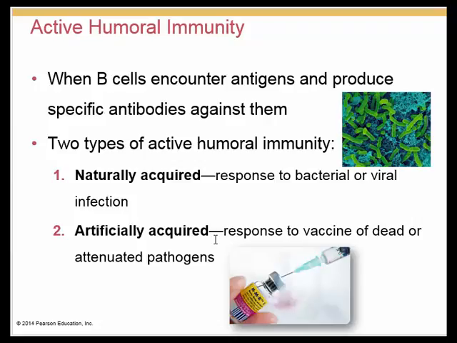Artificially acquired active humoral immunity is awesome because this is where we can use vaccines. This is one of the best things about those B cells and T cells, those memory cells you can create. So we can actually use broken down, dead bits and pieces of pathogens to create that primary response to something that can't hurt us.